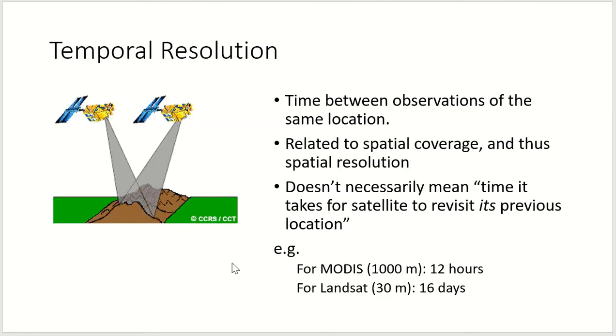So just to say one more thing about Landsat, 16 days, every 2 weeks, is typically what you think of as a good enough temporal resolution to monitor, say, deforestation or urban growth.